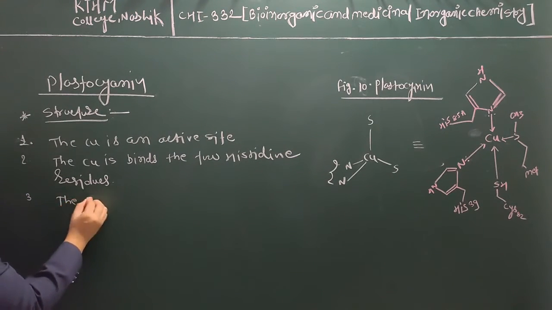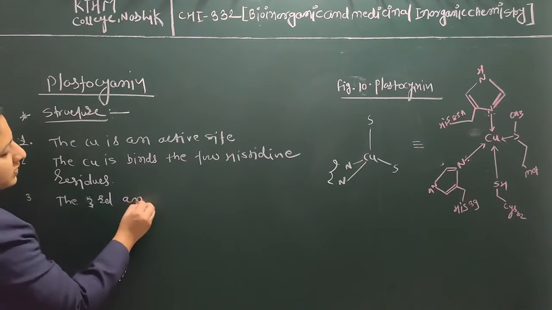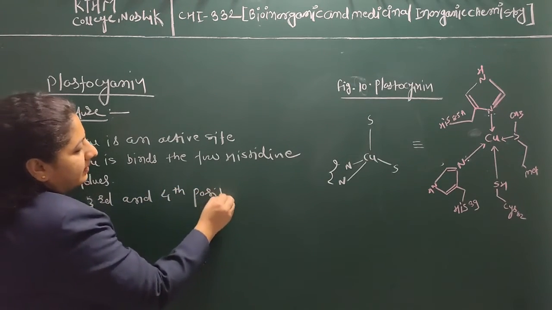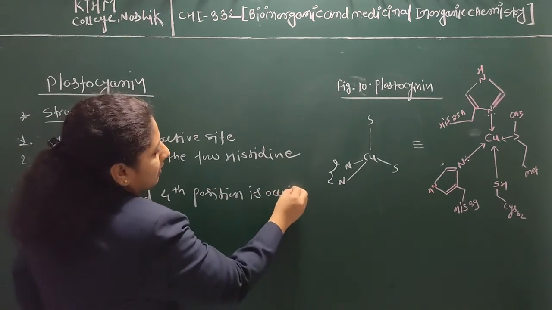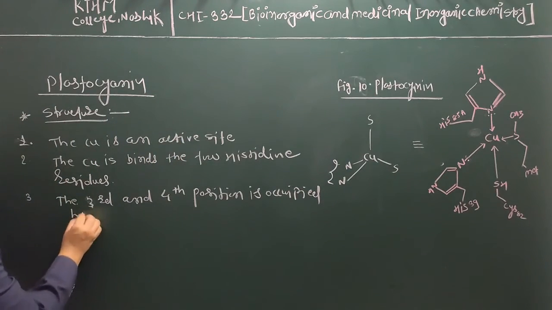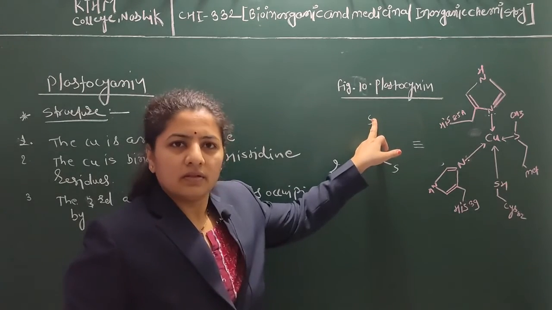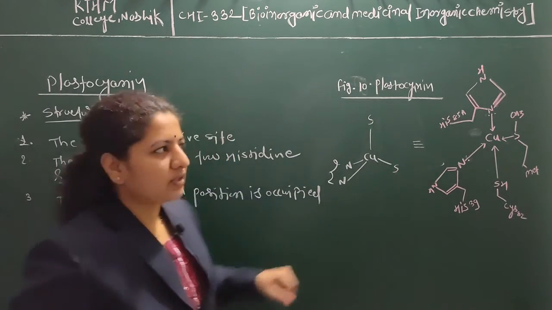The third and fourth positions are occupied by 1 sulfur from methionine and a second sulfur from the cysteine residue.